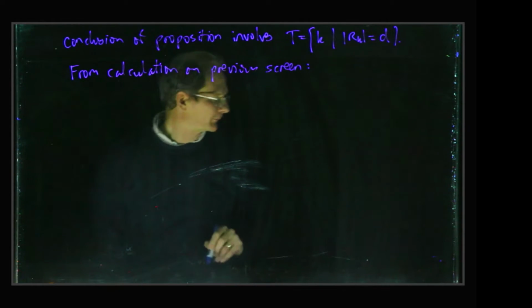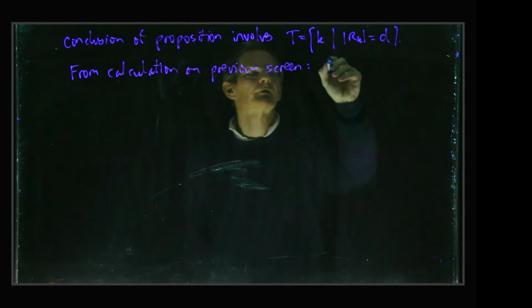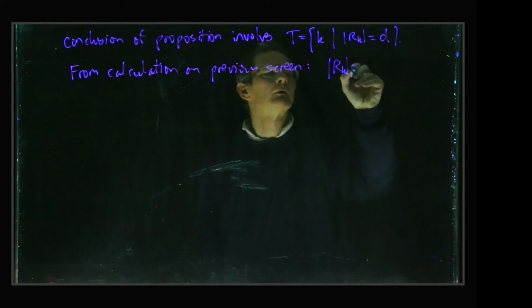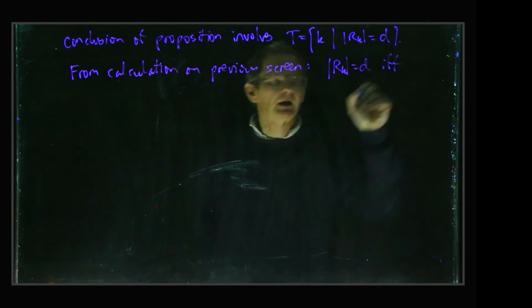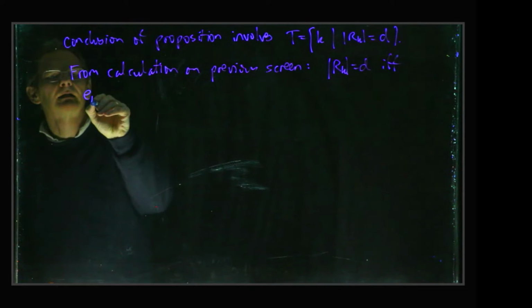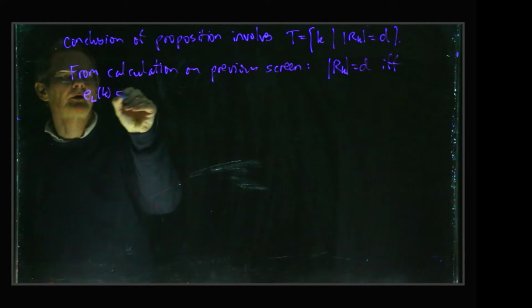And from the calculation on the previous screen, we see that mod Rk equals d if and only if ELK is equal to 0.